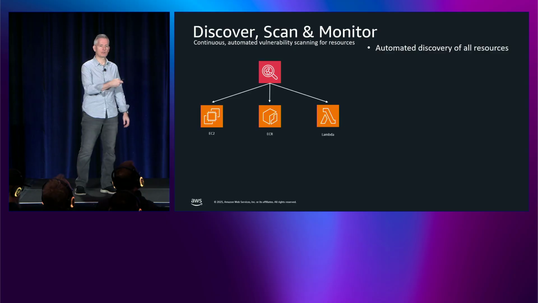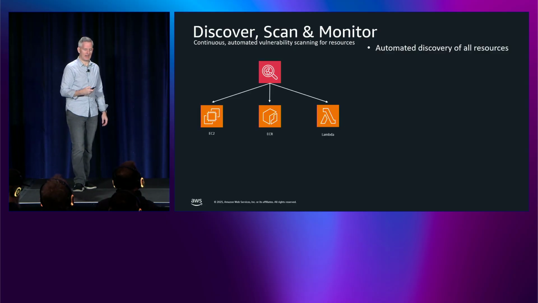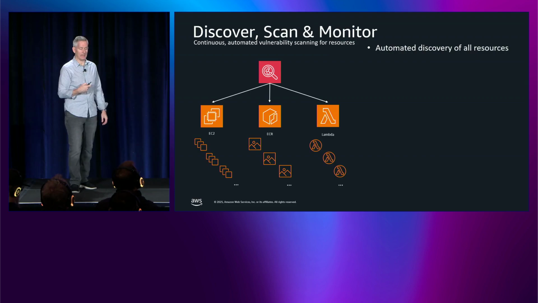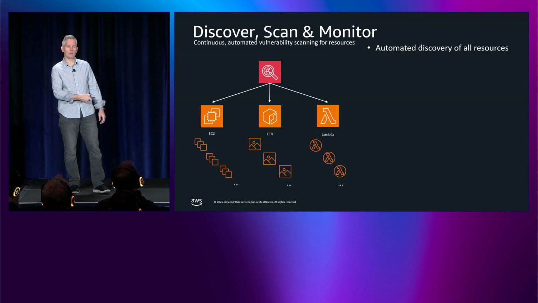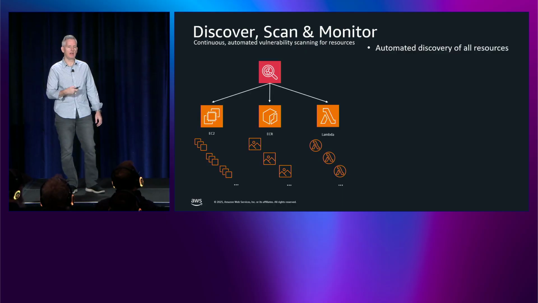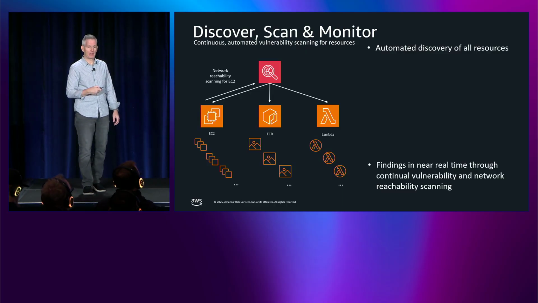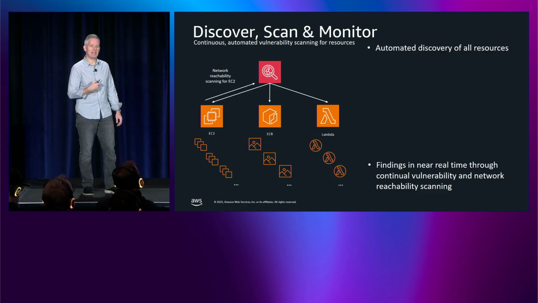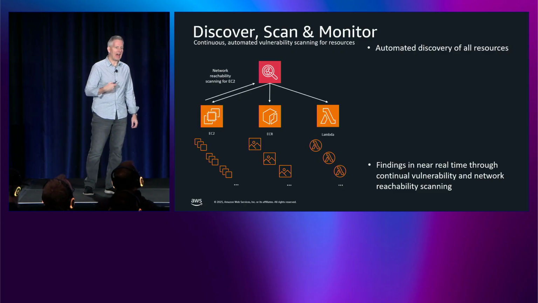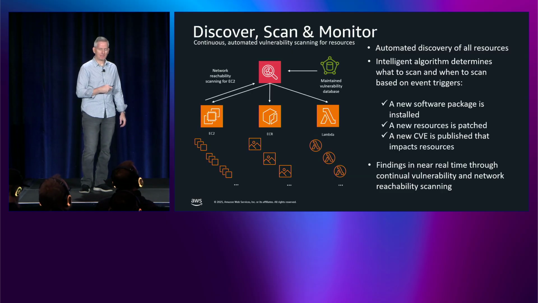It sees these resources as they launch, it sees these resources as they terminate, and it updates accordingly. Like I said before, we support EC2 instances, container images in ECR, Lambda functions, and now managed code repositories. Inspector works in near real time so that as changes occur, you get those findings right away.